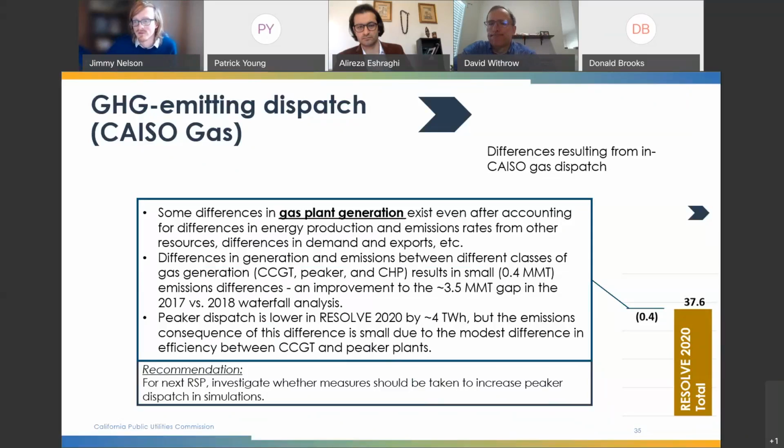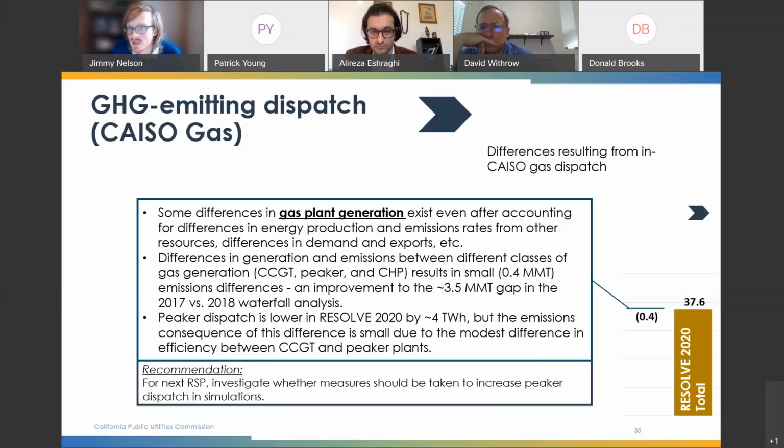We've done everything on the waterfall except for just bringing the amount of dispatchable gas in line between the two data sets. Basically, the question that we're asking with the last category of in-CAISO gas dispatches, what's left after all of that? If you had exactly the same amount of renewable generation, if you had the same emission rate for different technologies, what would be left as an emissions difference? And the answer is a small amount of greenhouse gas emissions, 0.4 million metric tons.